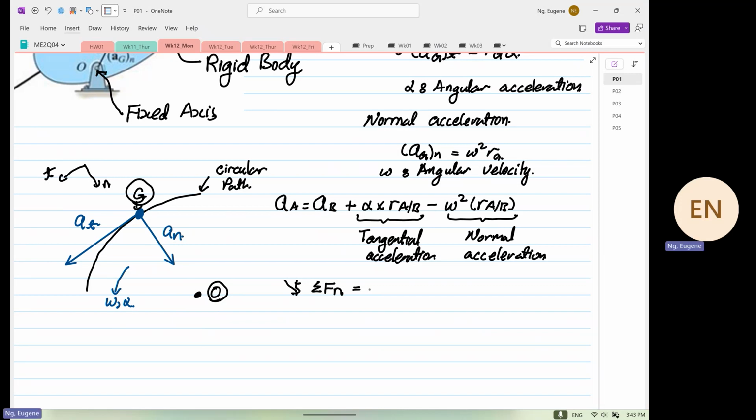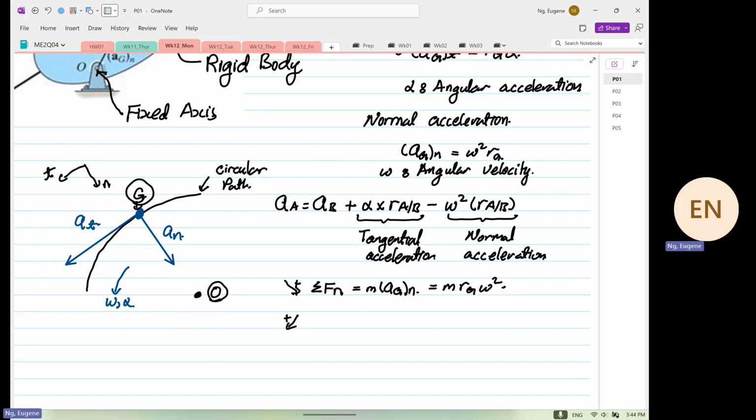So this will be m a_Gn. Okay. And we know that a_Gn is omega squared r. So this will be equal to m r_G omega squared. Okay. And then in terms of t, this is positive.